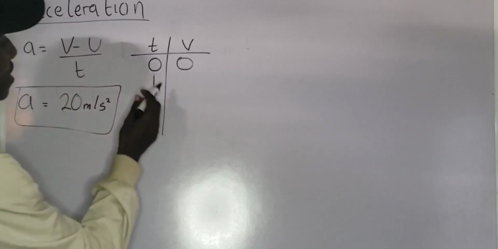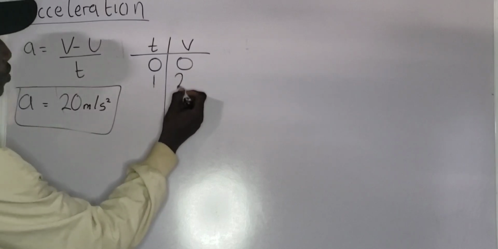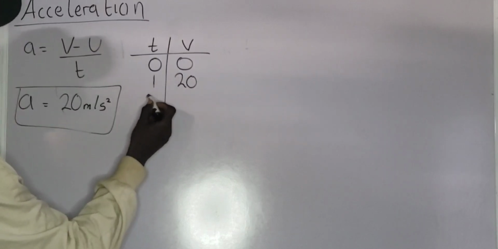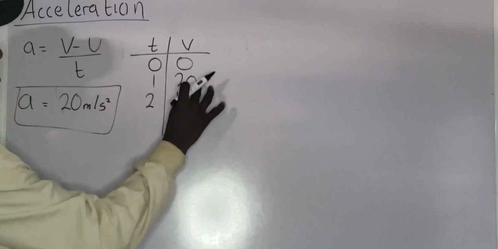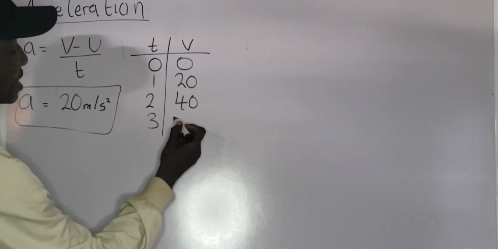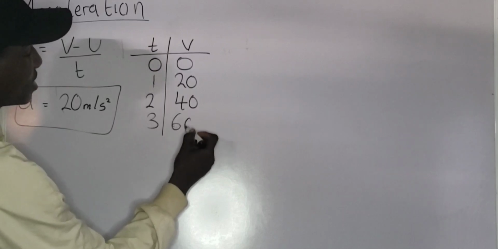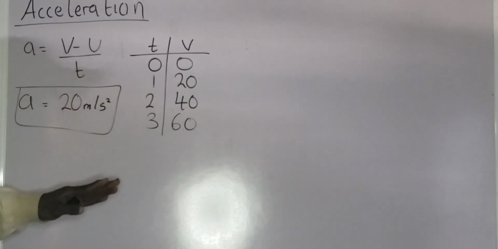So when the time is 1 second, the velocity is 20. When the time is 2 seconds, the velocity is 40, that is 20 plus 20. Now when the time is 3 seconds, the velocity is 60. You understand?